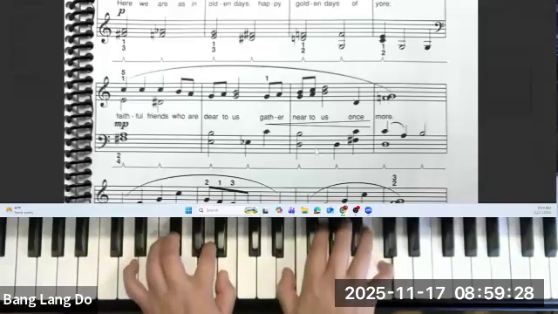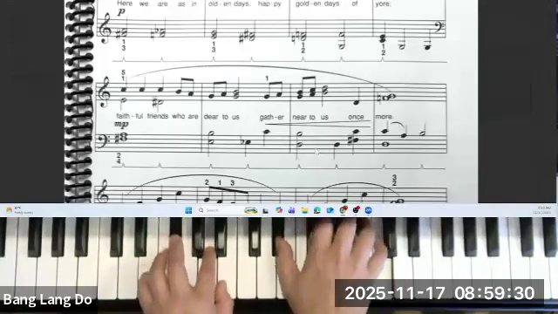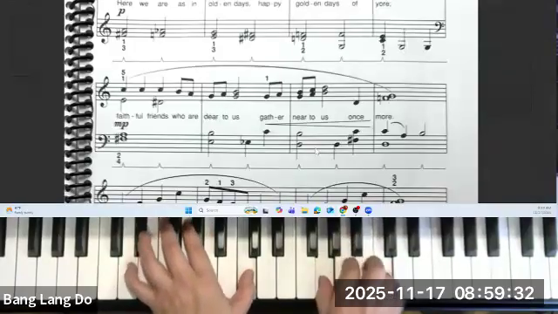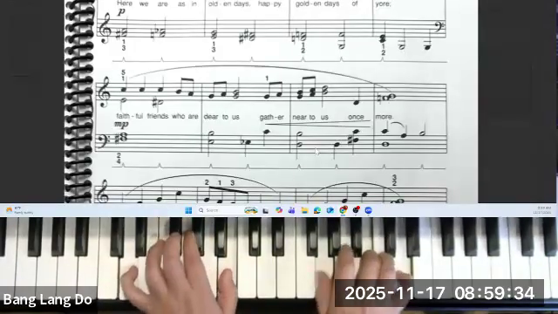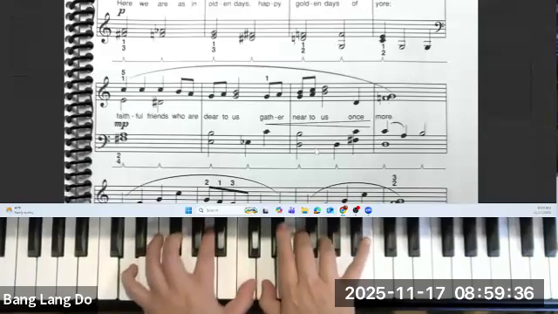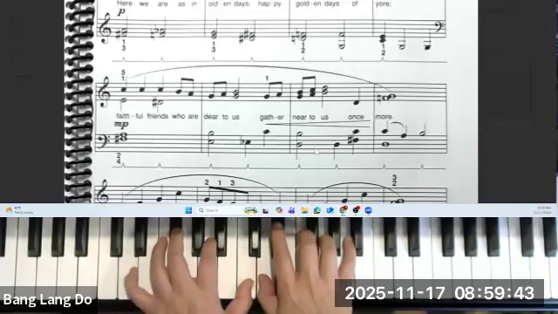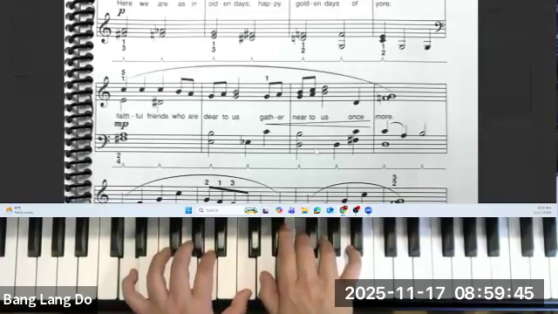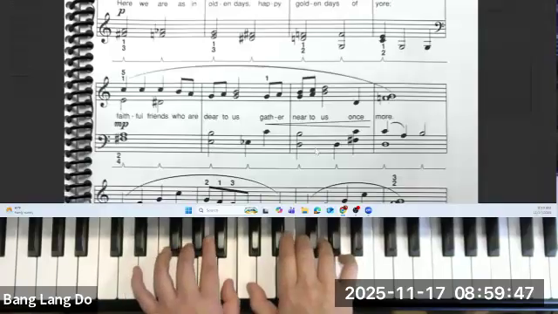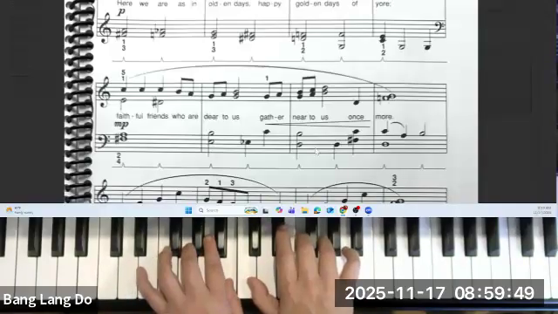So when you're playing it, you hear that change of mood? Major to minor to G7. And you can then feel like, I'm not finishing here.